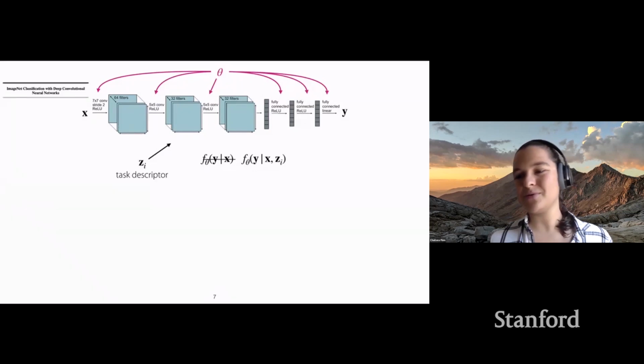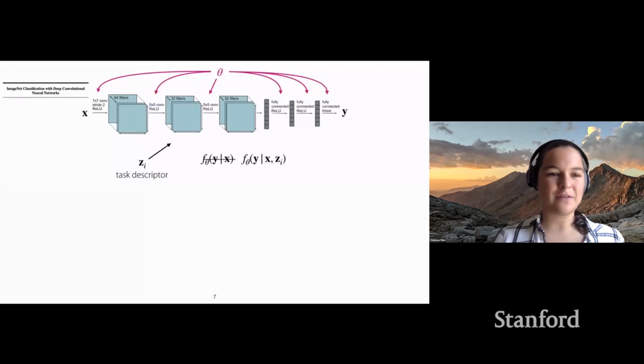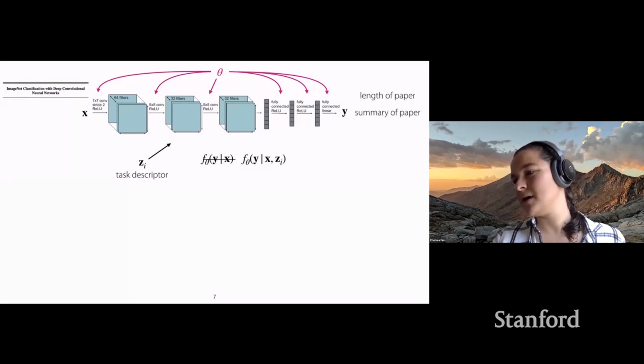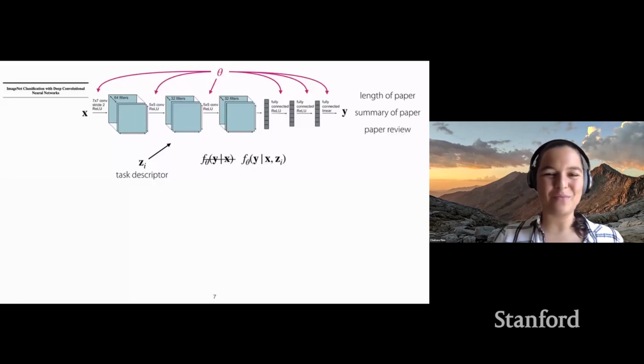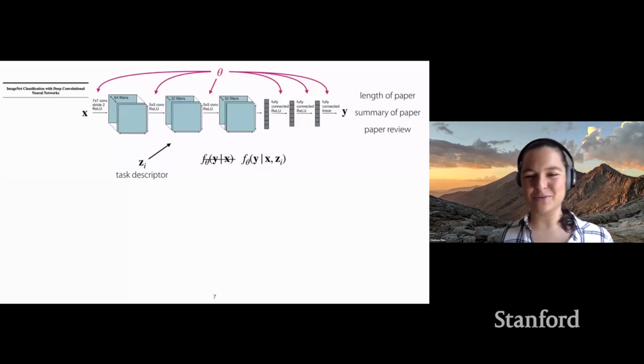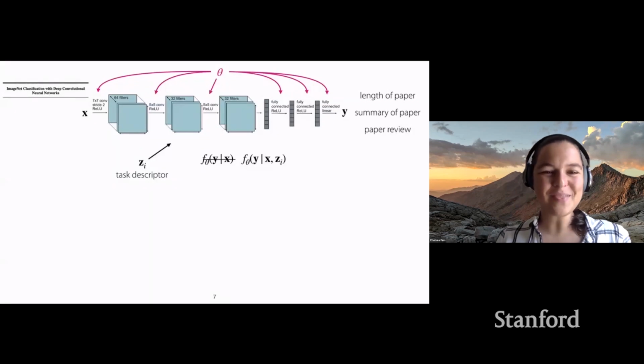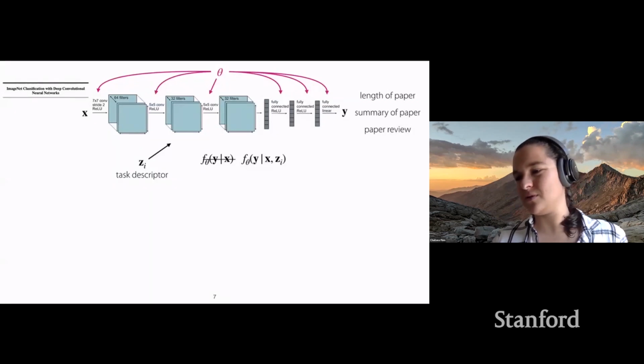So for example, say you're trying to figure out whether to accept a paper to review or not. Maybe you're given the title of the paper and you want to know other things, like the length of the paper, a summary of the paper, and maybe you want the neural network to write the review for the paper as well so that you don't have to write it. Maybe these are the different tasks that you want to do.